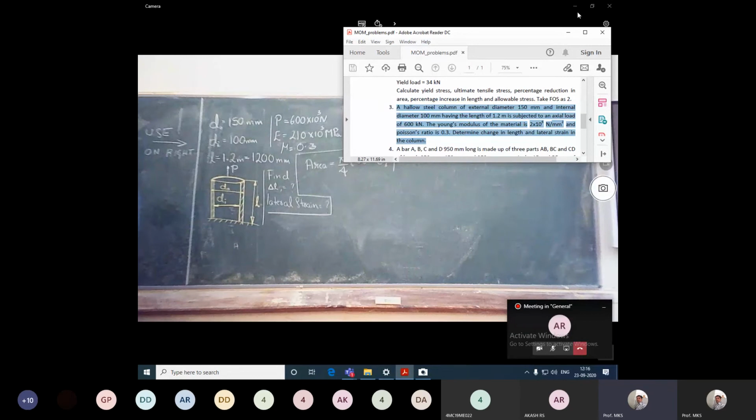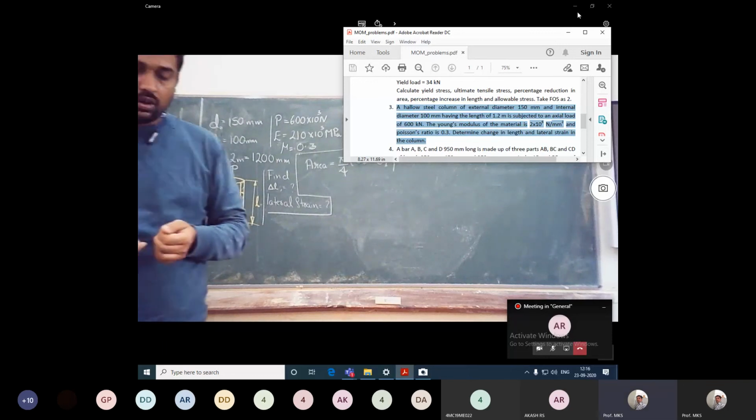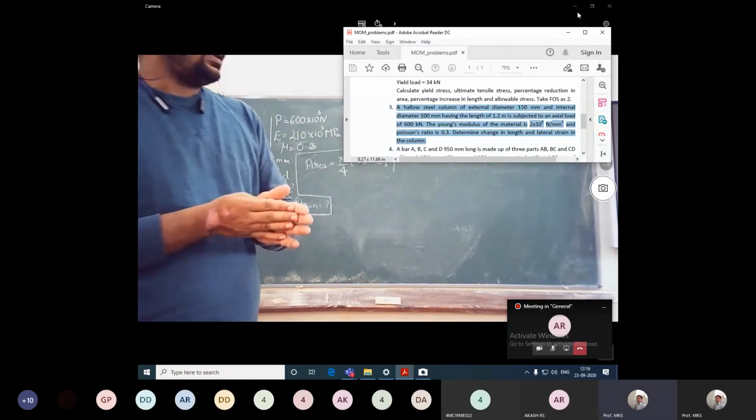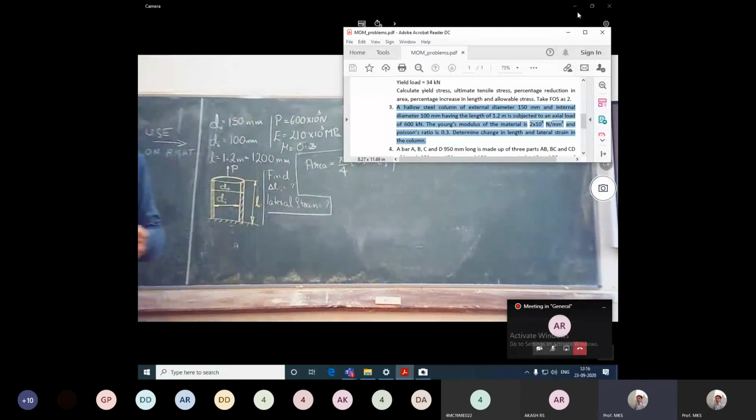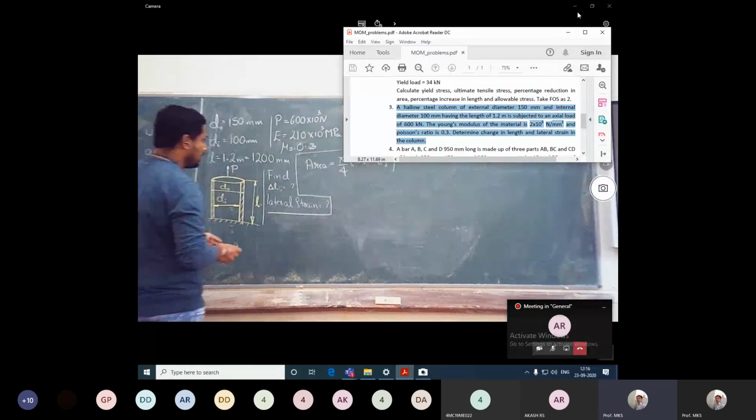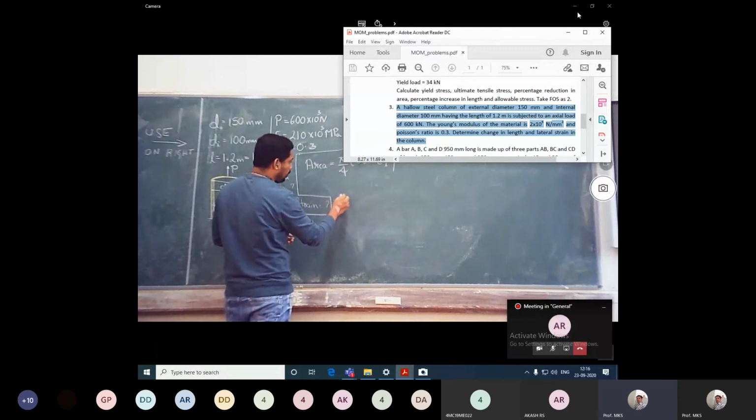In the last class, you used one expression that I had written in a note, the expression for change in length. You can directly use that expression. So what is that expression for change in length that we have written in the note?